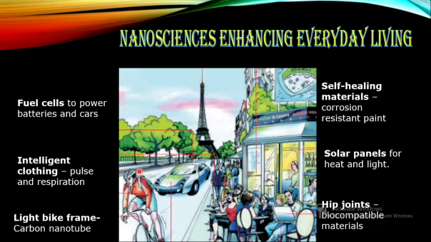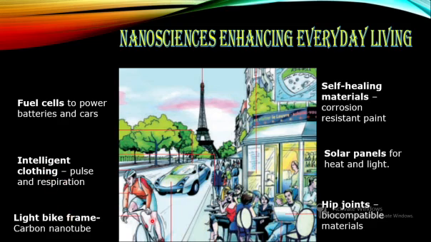So in the coming years you can see fuel cells to power your car, and intelligent clothing is already available which can monitor your medical conditions and warn about your heart attack or any nervous system problem or an incoming stroke. All these things can be done with an intelligent clothing system.